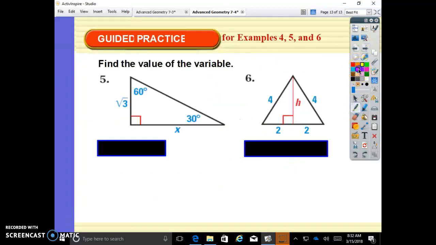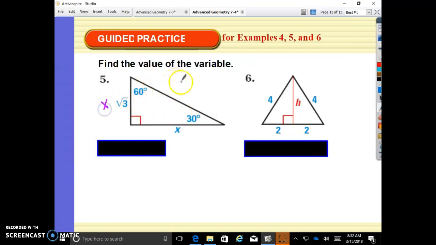And our last couple problems. Across from 30 is our x. Our hypotenuse is our 2x. Our height is our x rad 3. All right, so if x equals rad 3, then 2x would be 2 rad 3. And here x rad 3 would be rad 3 times rad 3, or 3. So in this example, our x is 3.